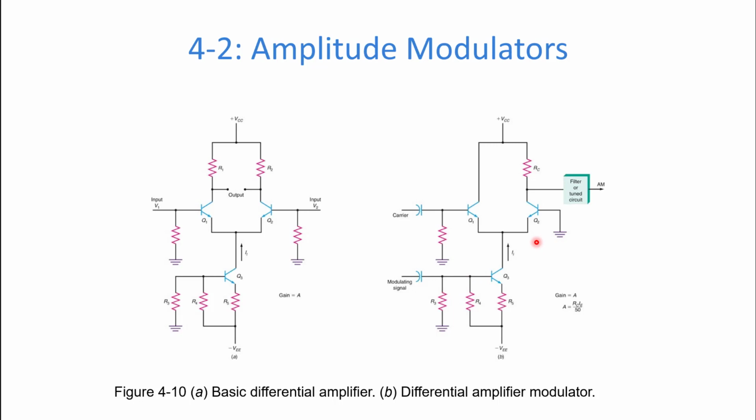And so as this carrier signal is going in, it's getting amplified by this differential circuit, because the current is going up and down. Guess what? The signal at the output, at this collector for Q2, is also going up and down as a modulating signal, right? The message signal. And that produces our AM signal here.